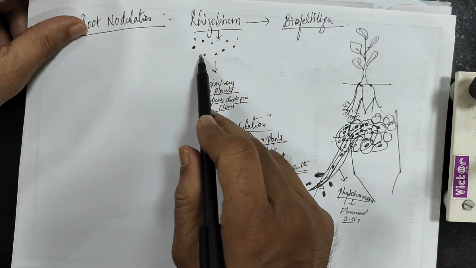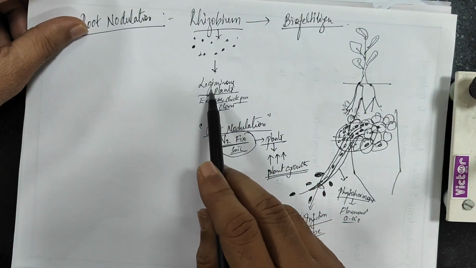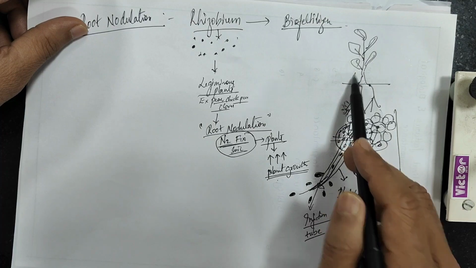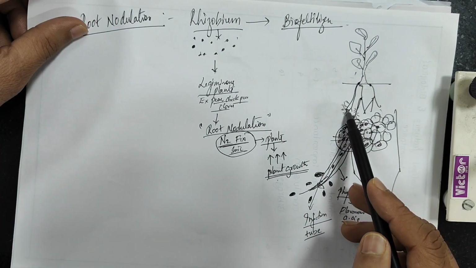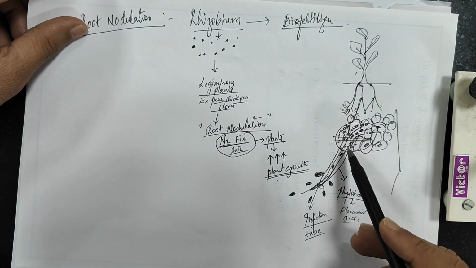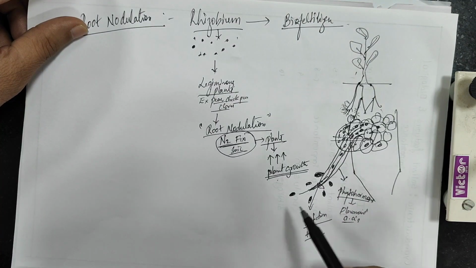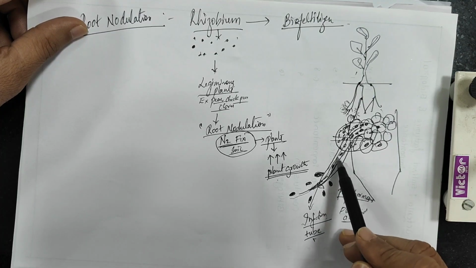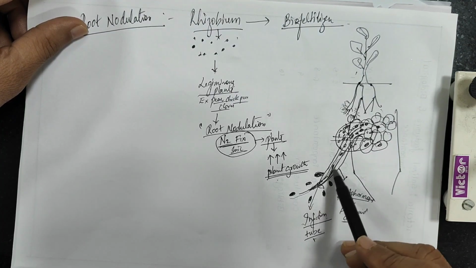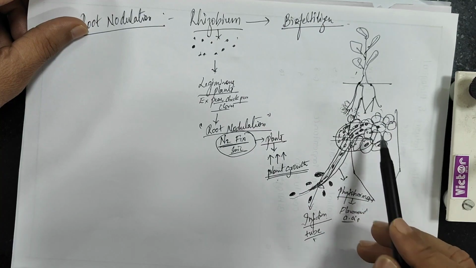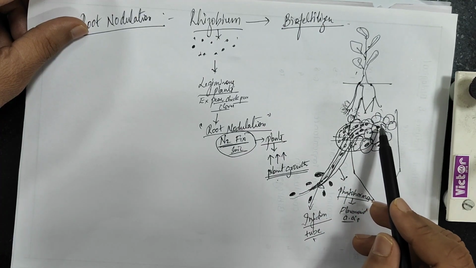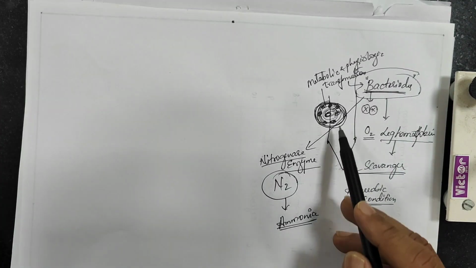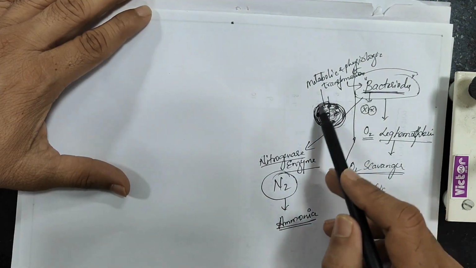So from soil, it goes and attracts to the leguminous plants, and it attaches to the root hair. From the root hair, it causes infection tube. This infection tube gives a path for Rhizobium to enter. Once it reaches the cortex, it forms bacteroids and forms root nodules.